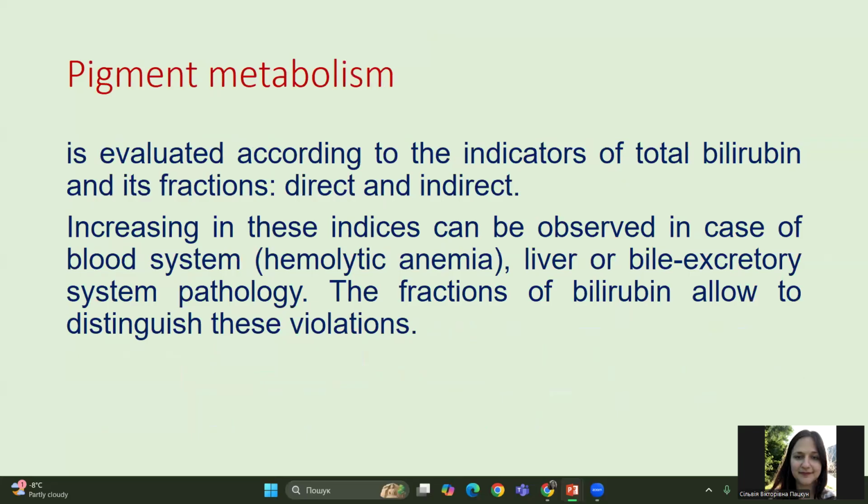Pigment metabolism is evaluated according to the indicators of total bilirubin and its fractions, direct and indirect. An increase in these indices can be observed in case of blood system disease, hemolytic anemia, or liver or bile excretory system pathology.